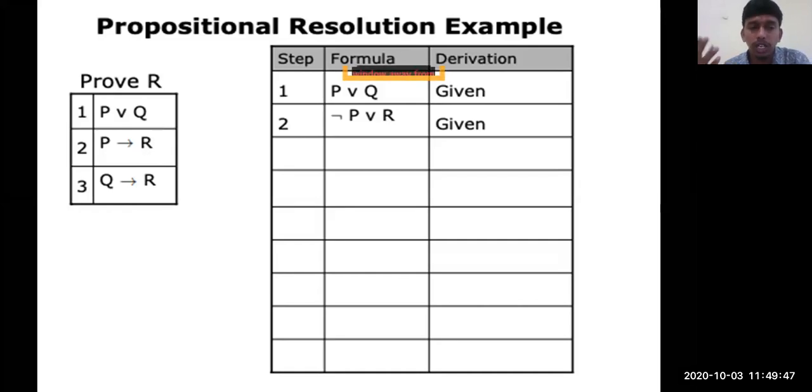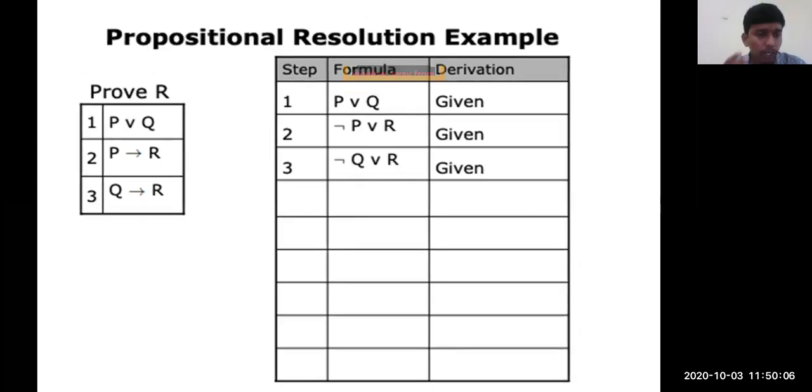Because in step 2, the premise is given as P implies R, the implication connective needs to be converted into conjunctive normal form. If I want to convert an implication into an or, it is negation of P or R. That is step 2. So I'll go for step 3.